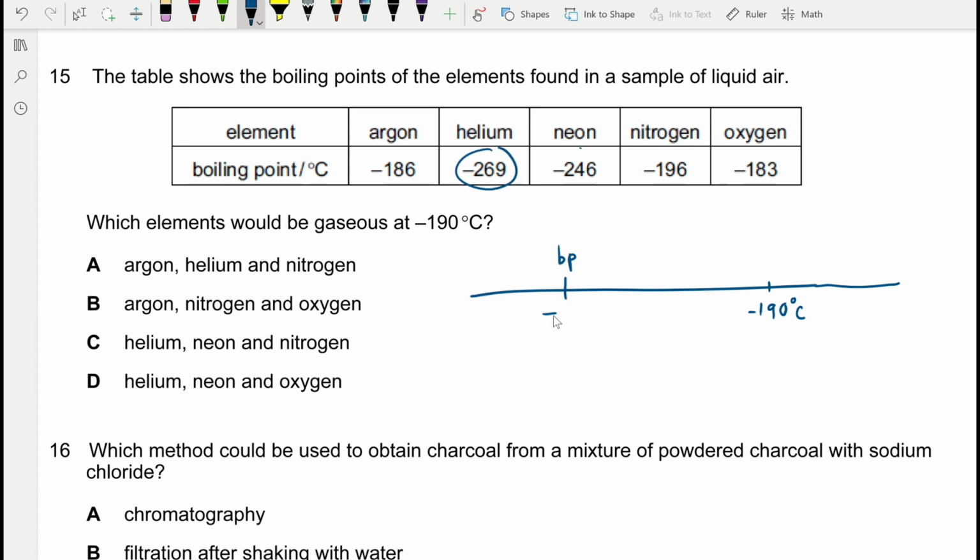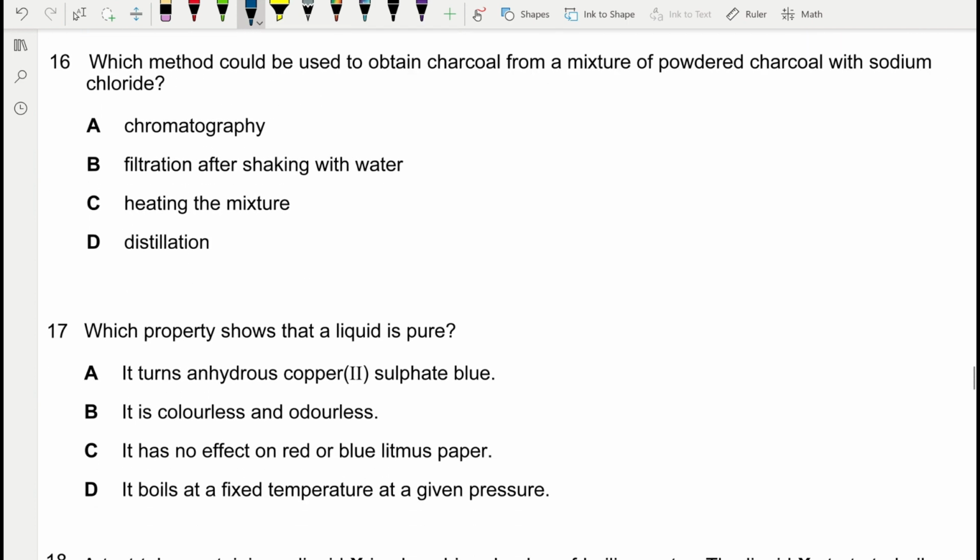So helium, neon, nitrogen, they are all gaseous because they boil at a lower temperature than -190 degrees Celsius. Whereas argon boils at -186 and oxygen boils at -183. So argon and oxygen at -190 degrees Celsius are still in liquid form. So the answer here is C.